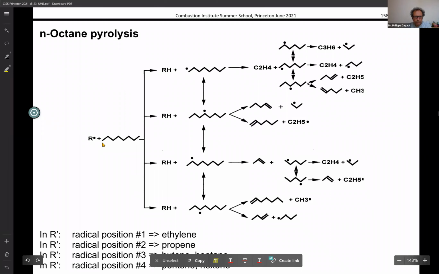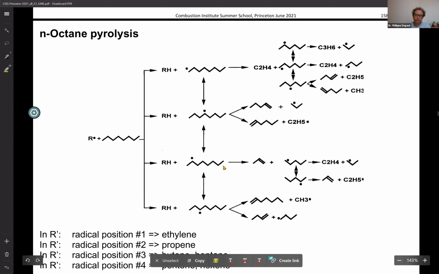Position 1 here, position 2, position 3, 4, and the next one, which could be position 5, is in fact position 1, 2, 3, 4. Okay, so we have 4 different carbons, so 4 different octyl radicals which can be formed, and each of them can react through pyrolysis to form different products.